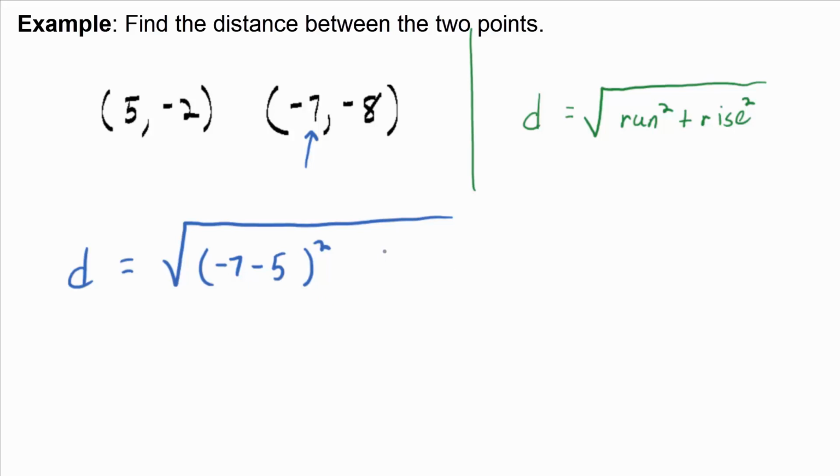Okay. And then plus, what's the rise going to be? Yeah, and actually you could do it either way. I like to practice being consistent with the order of the selection of the coordinates. So you selected -7 first over here. It's a good habit to select the other coordinate from that same first point first.